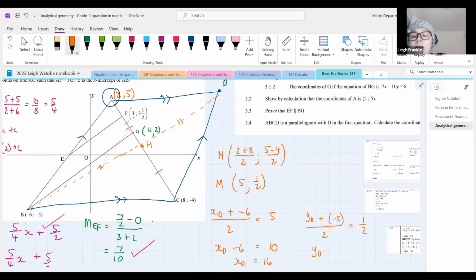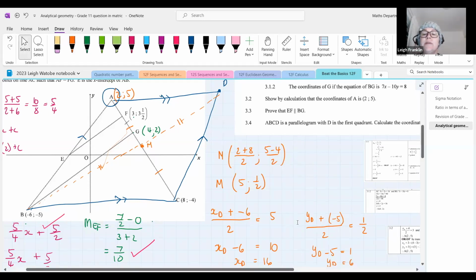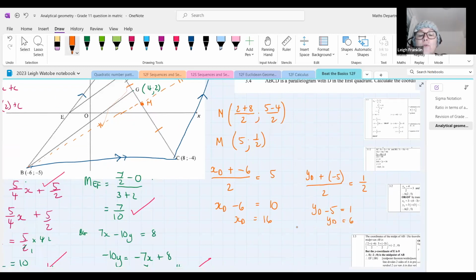So the y at D minus 5 equals 1. So the y at D would be equal to 6. So therefore, the coordinates at D would be 16 and 6. Okay, that's one way to do it.